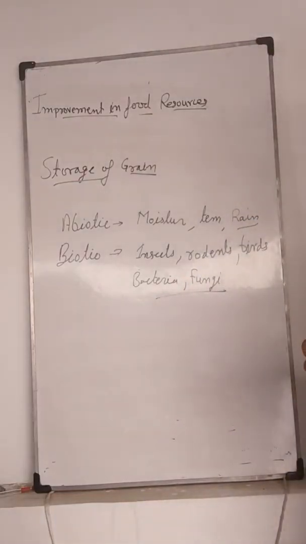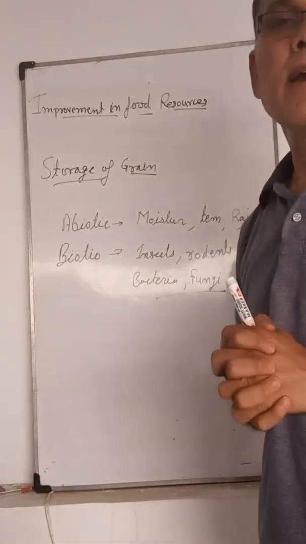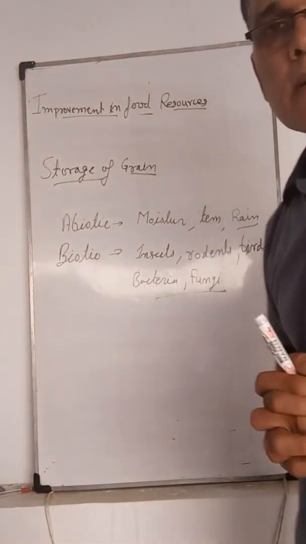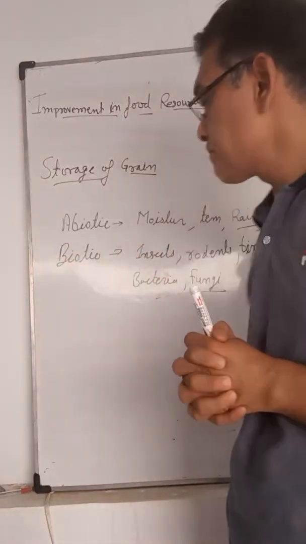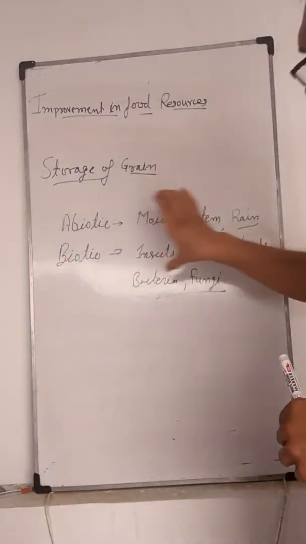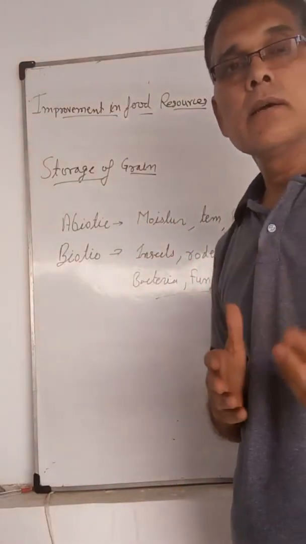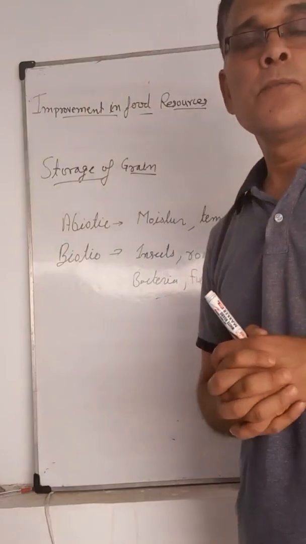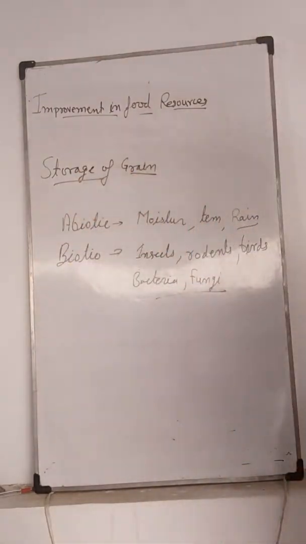These grow on the stored grains and make these stored grains unfit for human consumption. If we reduce these storage losses, we provide food for these 40 million people. How do we reduce these storage losses?